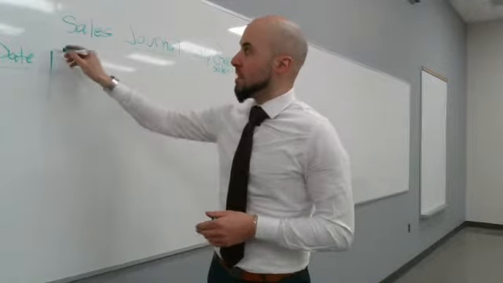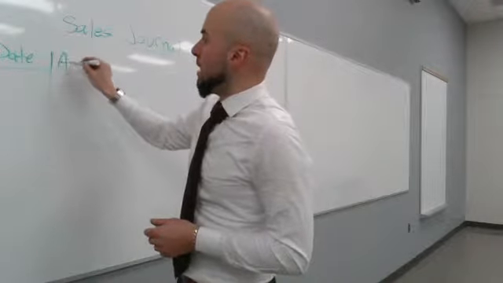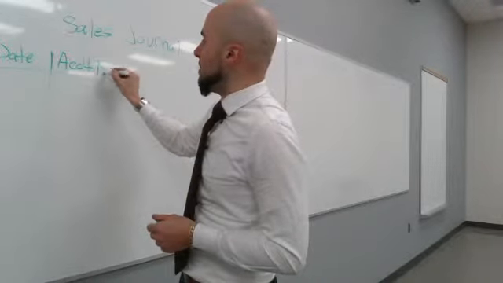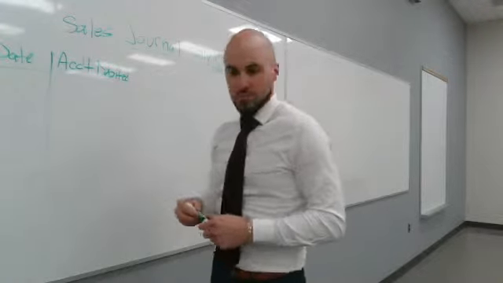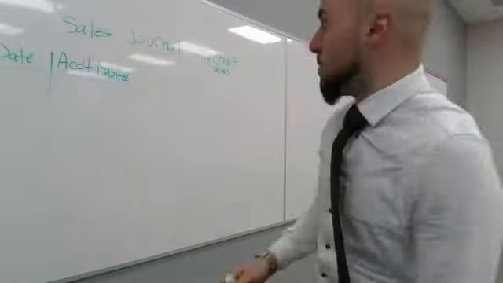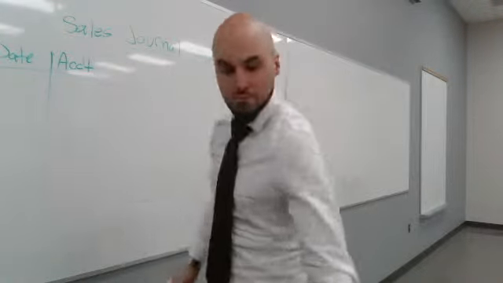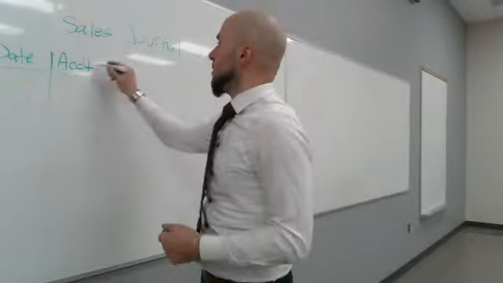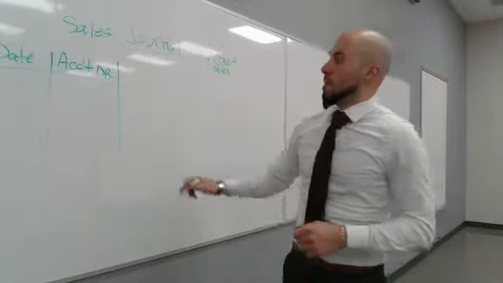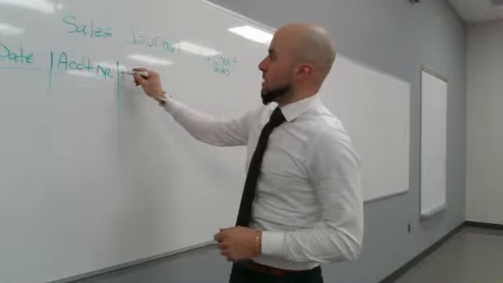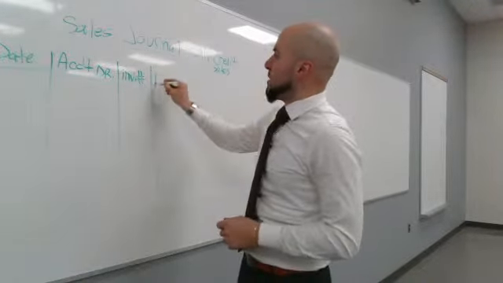Firstly, the date, okay, followed by account debited. Well, actually, in the interest of space, we'll put our DR abbreviation. Okay, account DR. Then invoice number. Then PR.